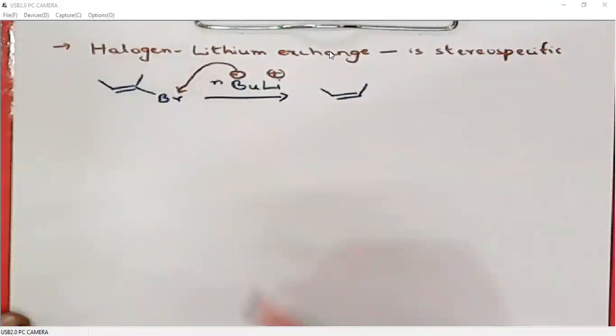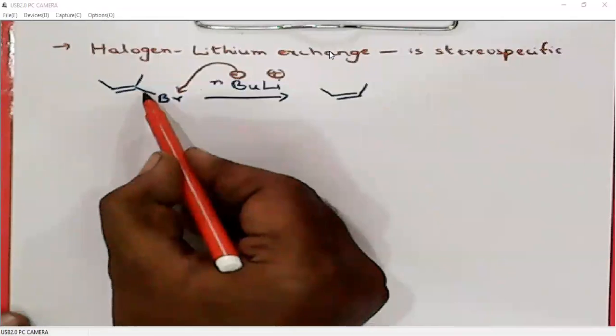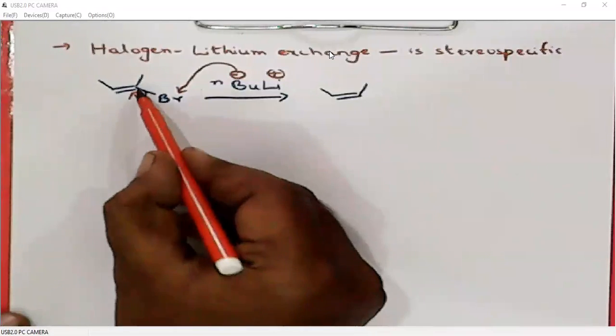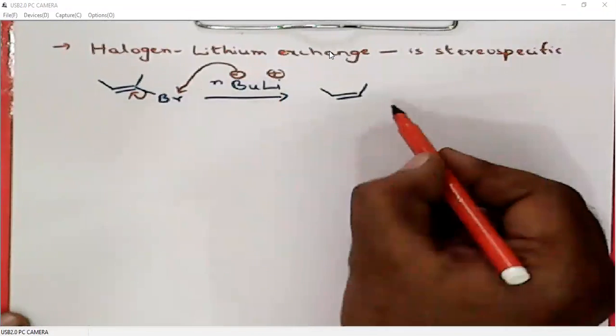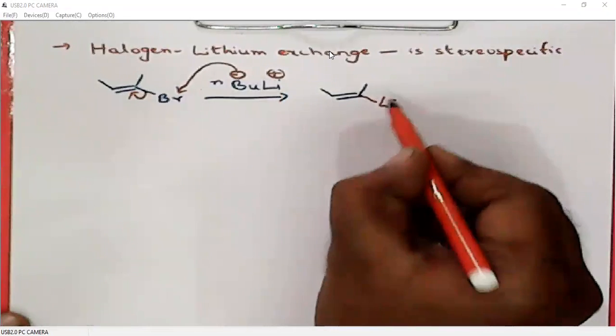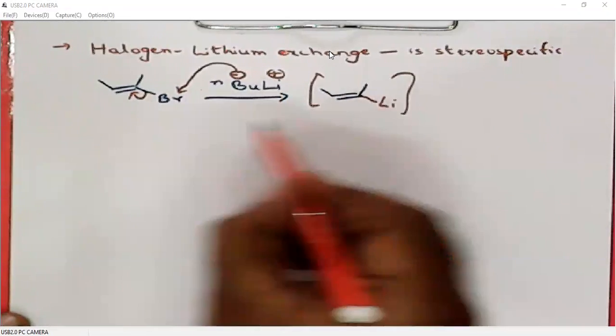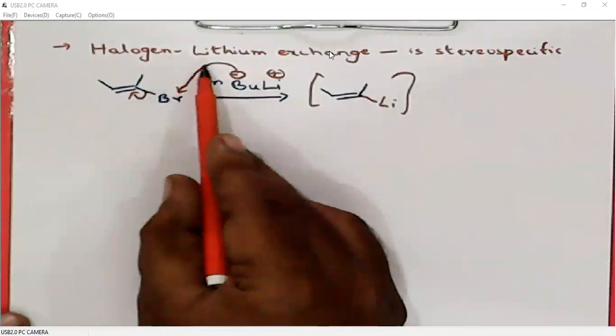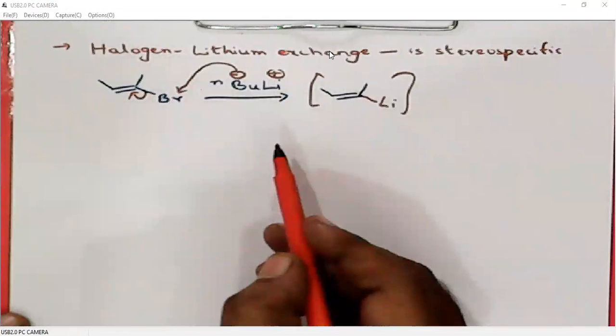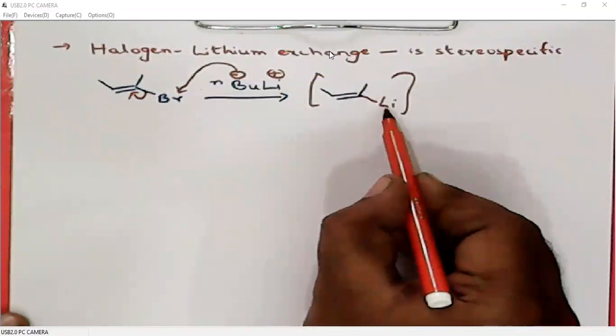Then this negative charge will pick up the counter ion lithium ion. So wherever halogen was there, after halogen lithium exchange reaction, lithium will occupy that.